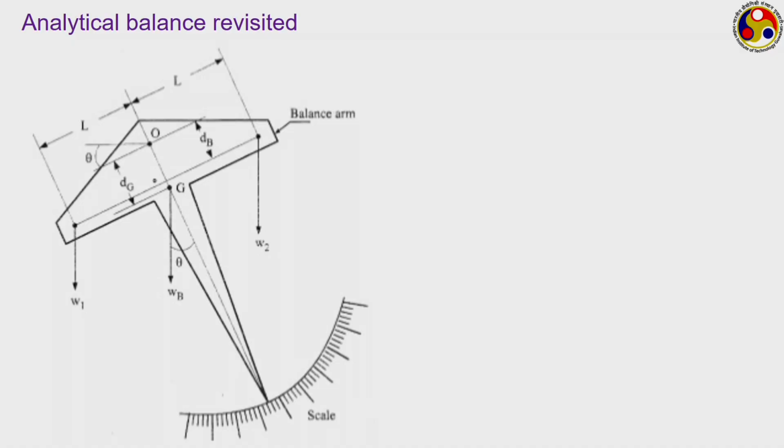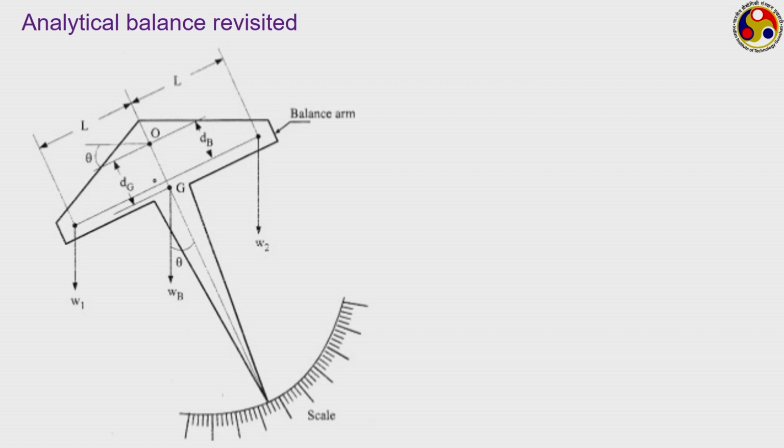One of the trays generally houses the mass for which we want to measure the value, or the quantity for which we want to measure the force, and on the other we put some known or standard masses, and once we achieve the balance at the fulcrum, we can easily equate both of them.